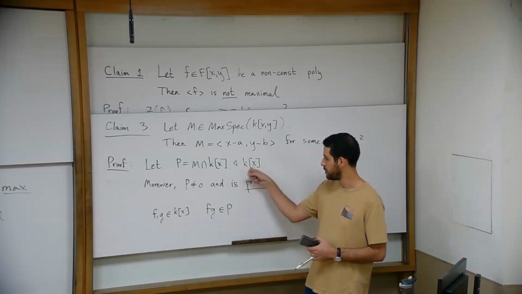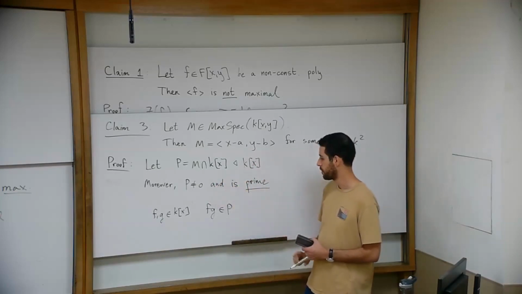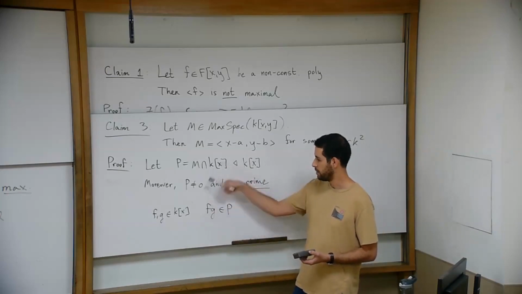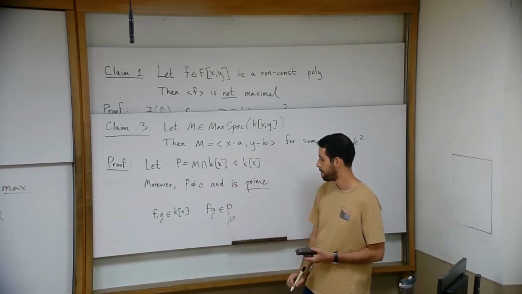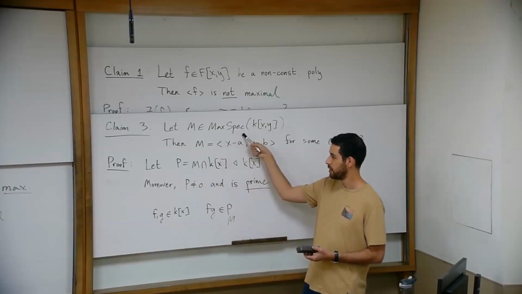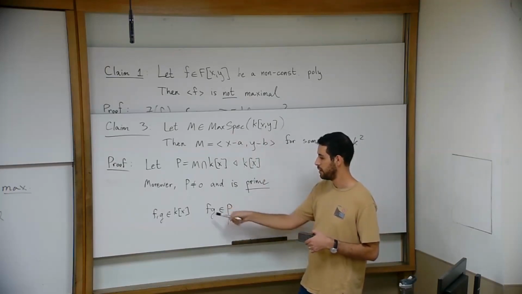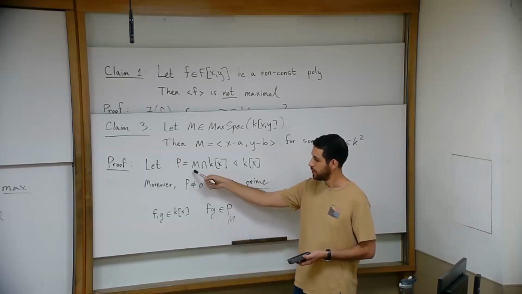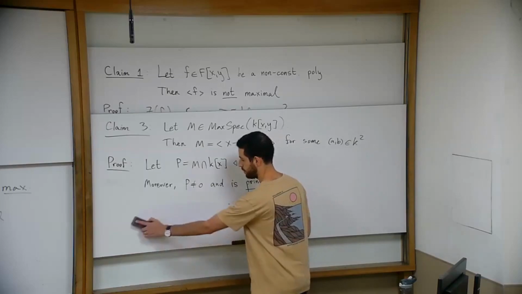So obviously, both of them are in K[x], and their product is in P, so their product is in M. But M is maximal. In particular, it is prime. So if fg belongs to M, then f belongs to M or g belongs to M. So at least one of them belongs to the intersection, so it is indeed a prime ideal.